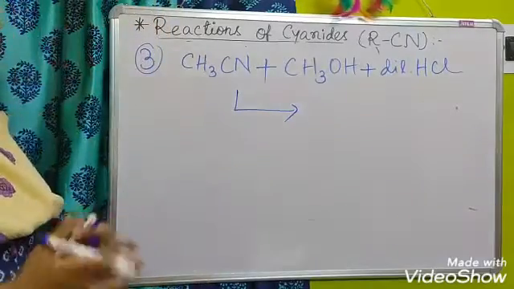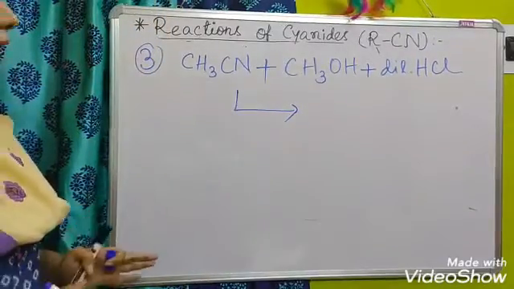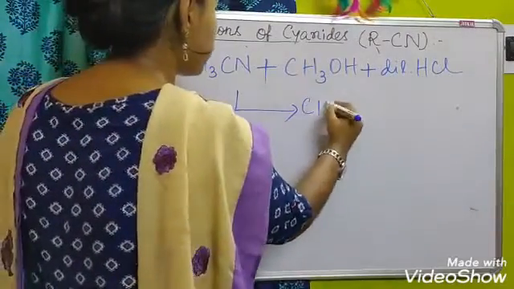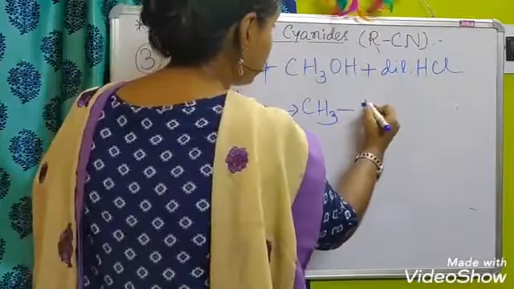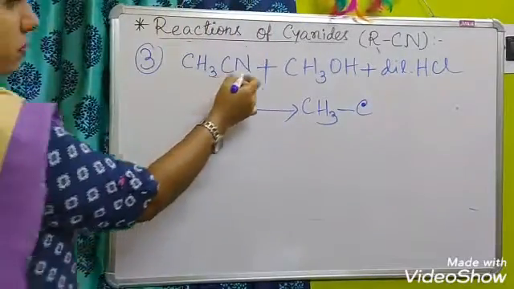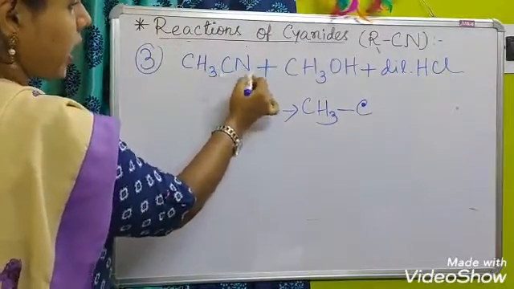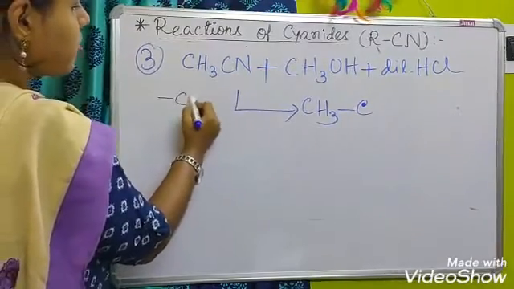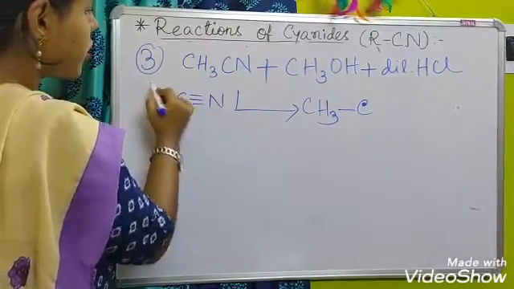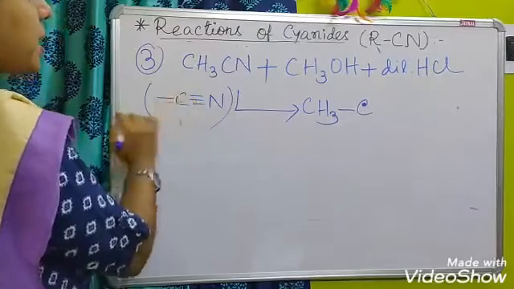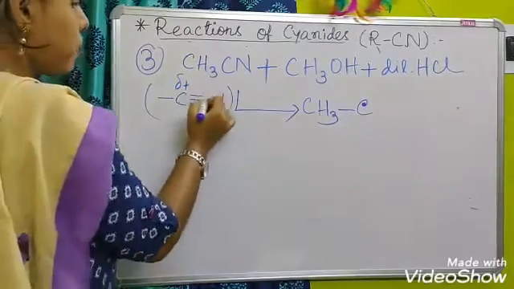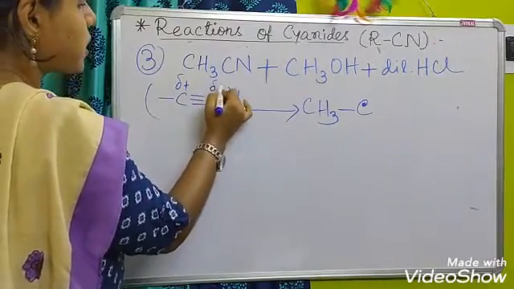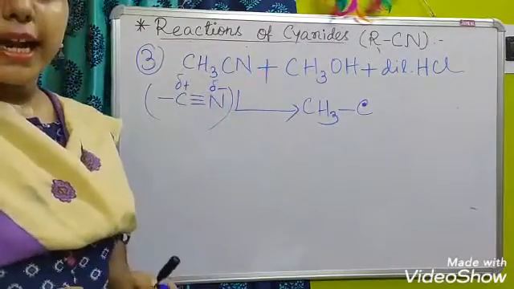So after treating this, we will get this compound, CH3. Now just look here. Here it was single bond carbon, triple bond nitrogen. And here the carbon is partially positively charged, and nitrogen is partially negatively charged.